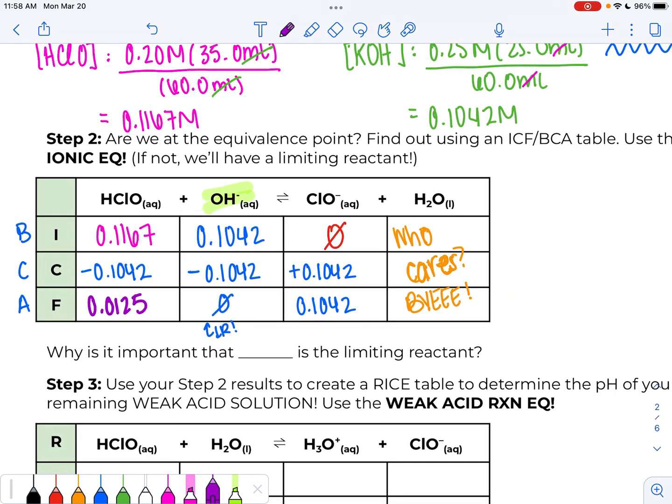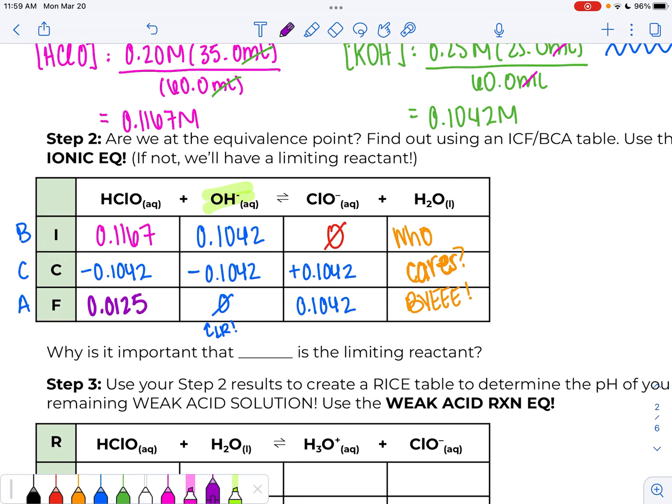So what does this mean for us? Why are we doing the ICF table? Because if we are not at the equivalence point, we have to proceed according to one direction of our math that I'm going to walk you through. So here we are not at the equivalence point. We do not have equal amounts of our acid and our base. So what do we actually have left over in solution?